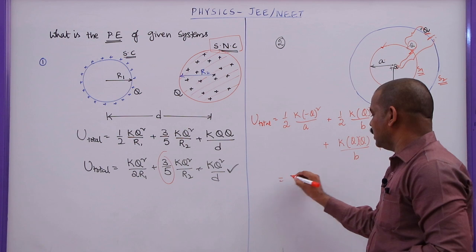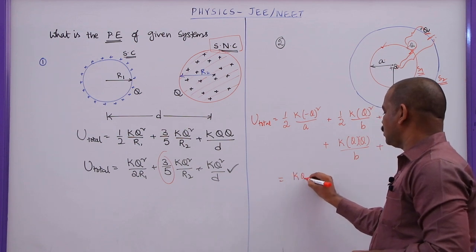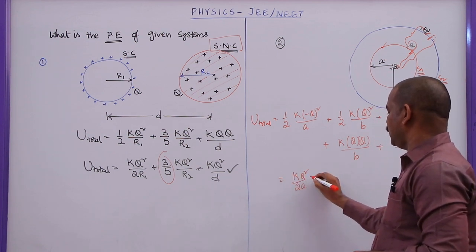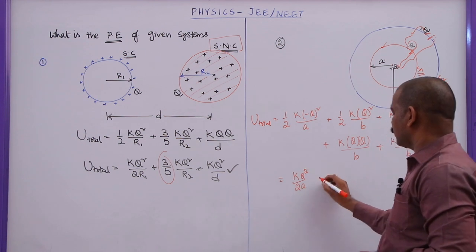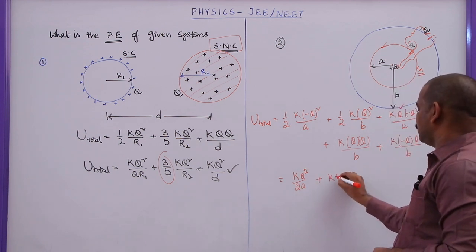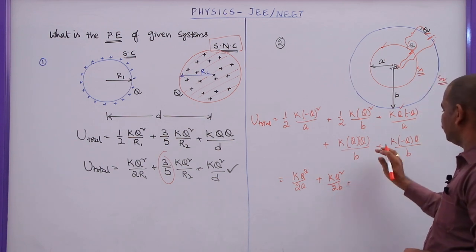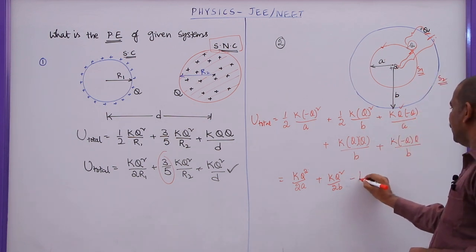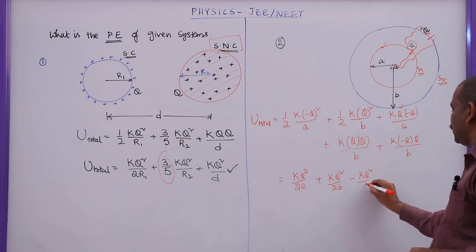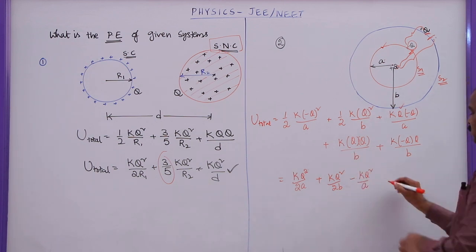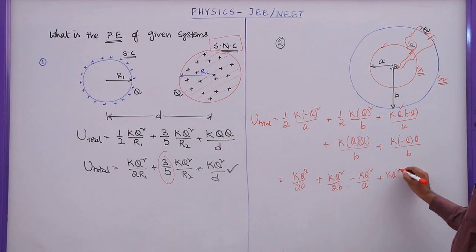So now let me simplify this one. This is kq² by 2a, plus kQ² by 2b, minus, because plus into minus is minus, kq² by a. This is plus kQ² by b minus kq² by b. You can cancel this and this.